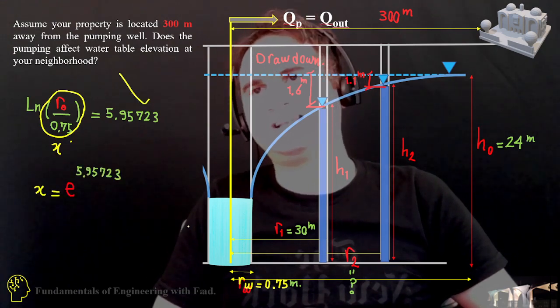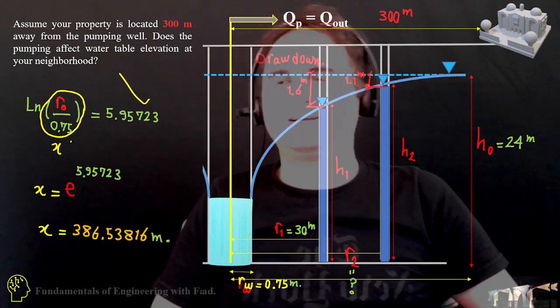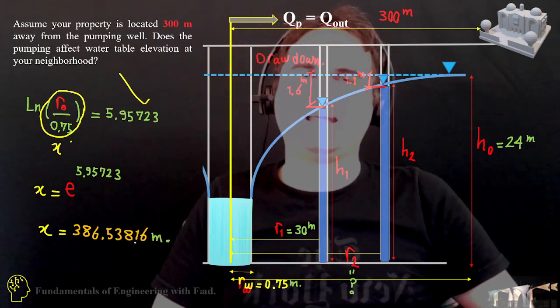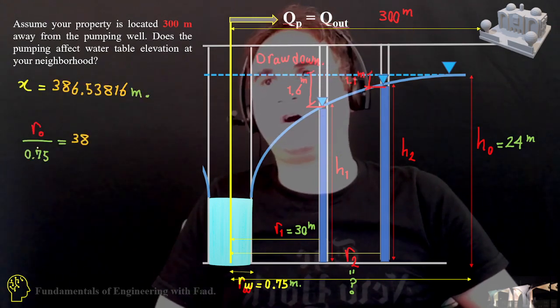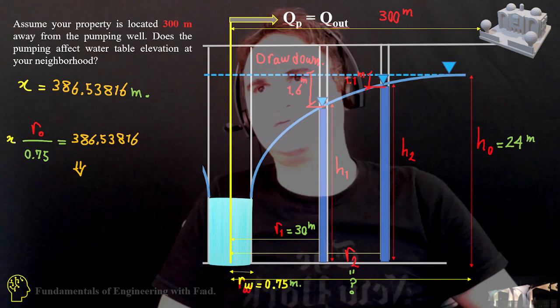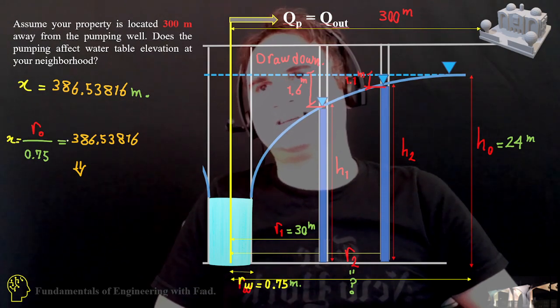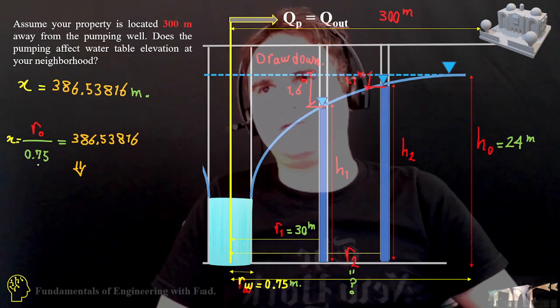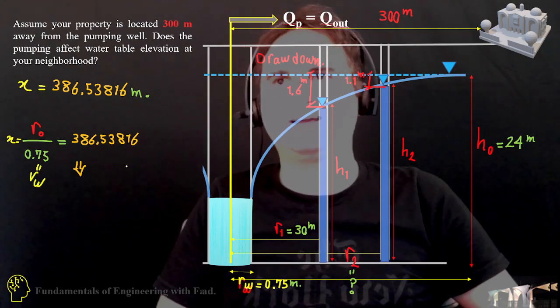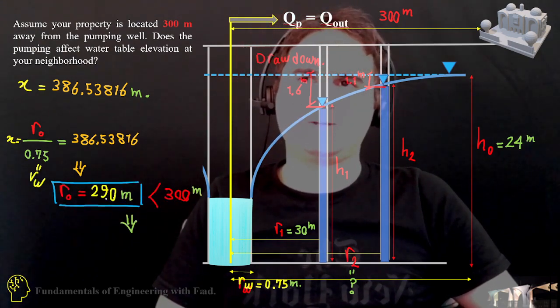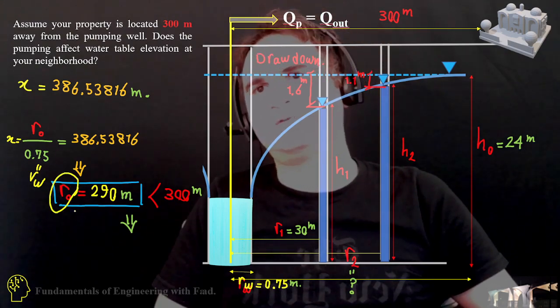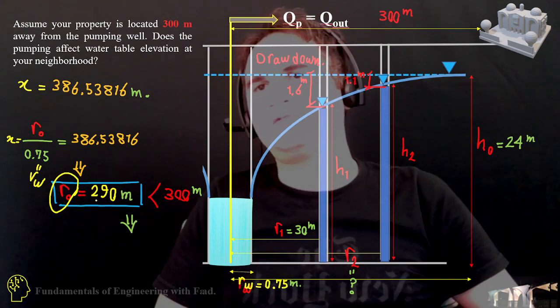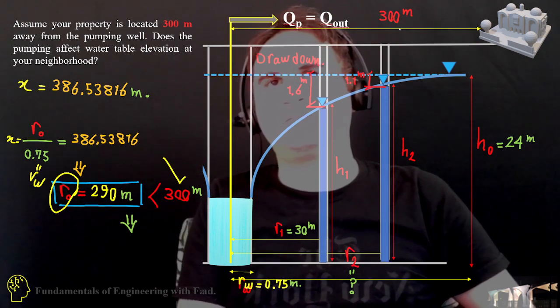E to the power of that is our x, and x is equal to 386, and this number is 300. But be careful, x is equal to r naught over 0.75, which is rw, radius of the well, and if you multiply that by 0.75, it just gives you radius of influence is equal to 290 meters, and definitely that's less than my house distance.